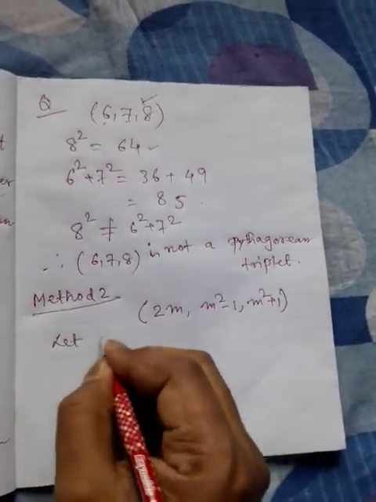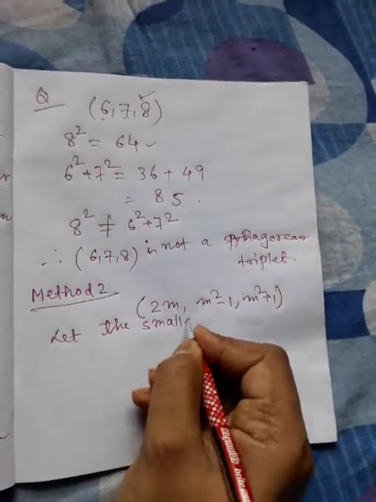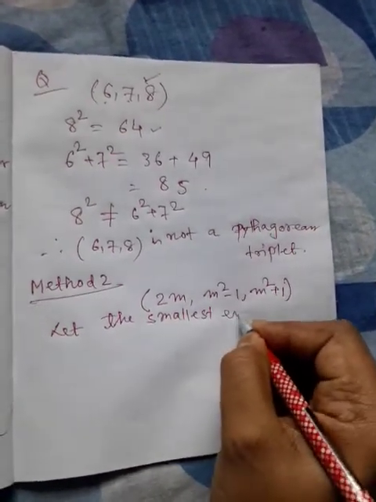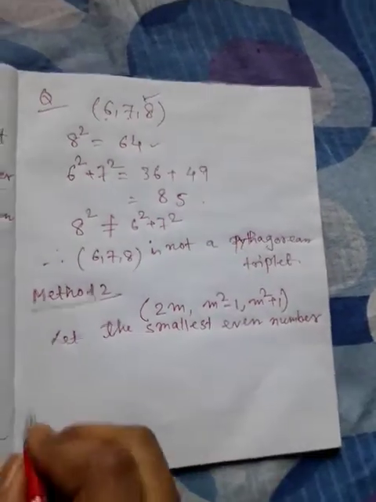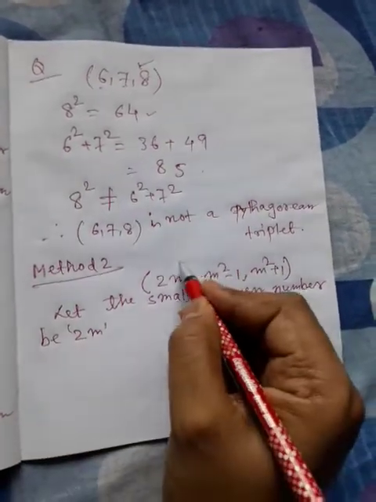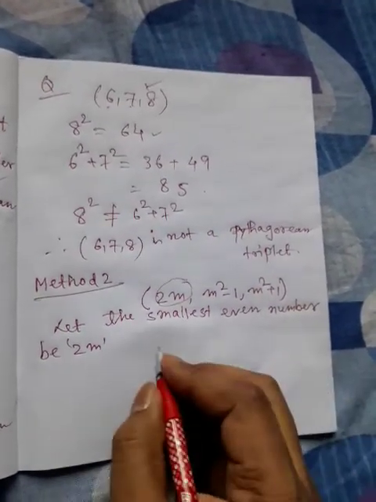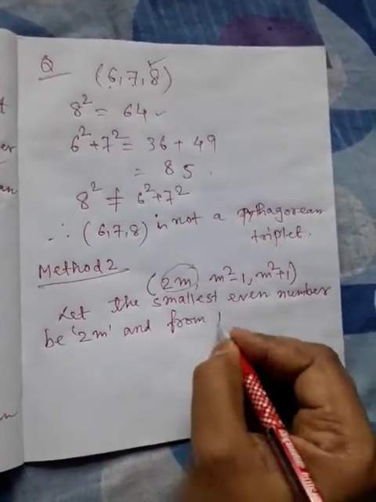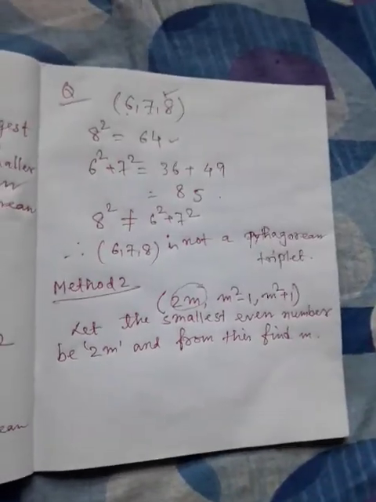Let the smallest even number be 2m, and from this find the value of m.